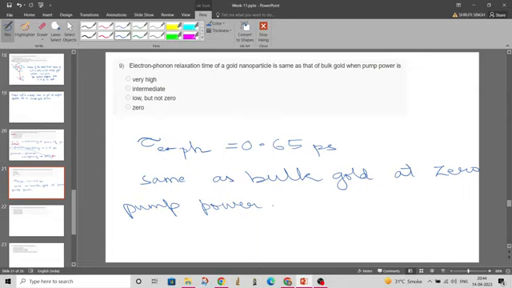But when you excite at higher pump power, there are a lot of interactions that can happen, and the electron-phonon coupling time at higher pump power increases.